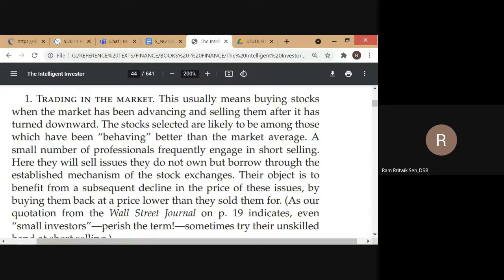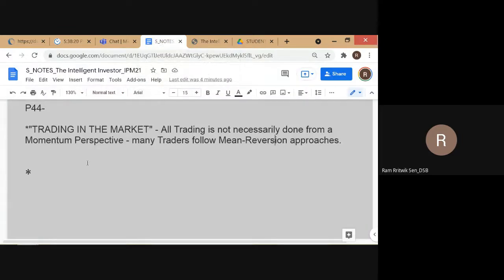Sell issues that they do not own but borrow through the established mechanism of the stock exchanges, right? So this you have to remember is short selling. Borrow and sell shares you do not own.